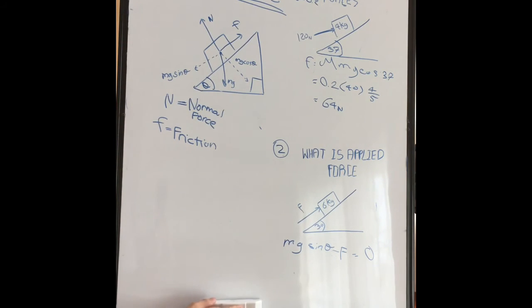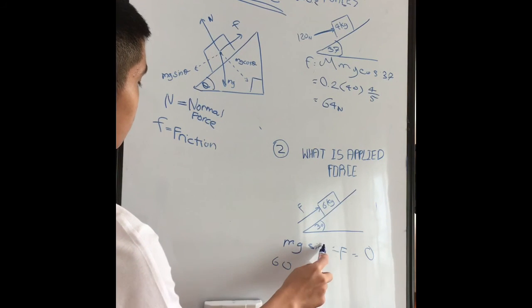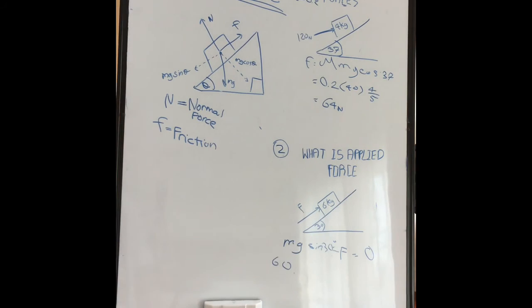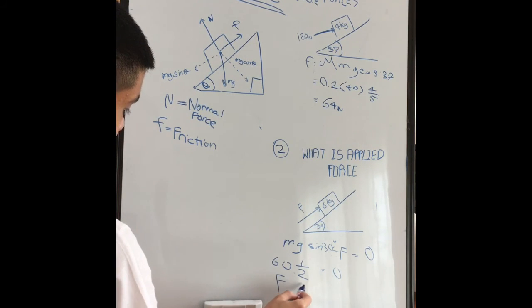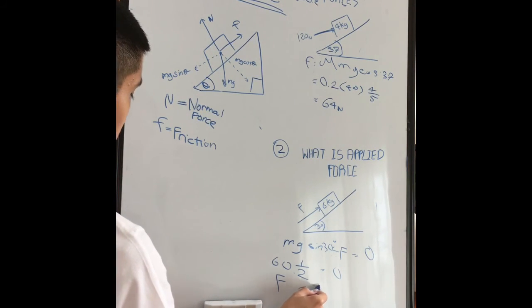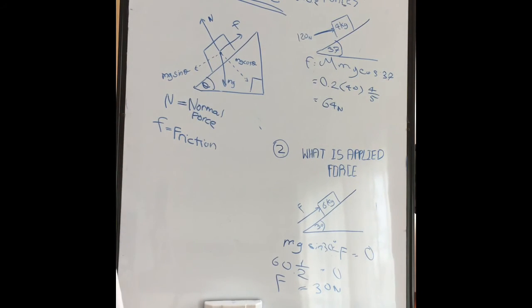So mg is 60 sine 30. Sine 30 is 1/2. So F equals 30 Newton. So that is pretty much about dynamics.